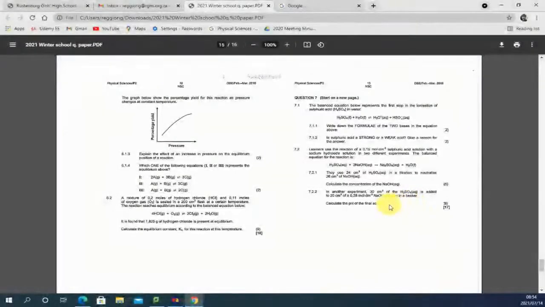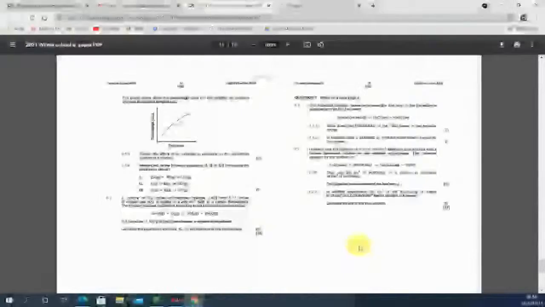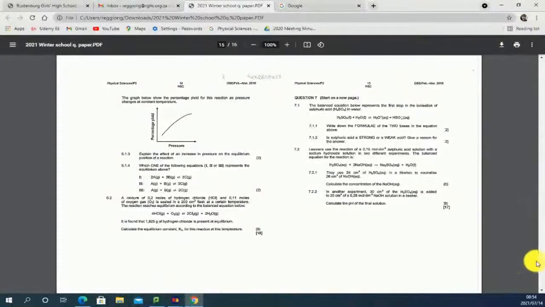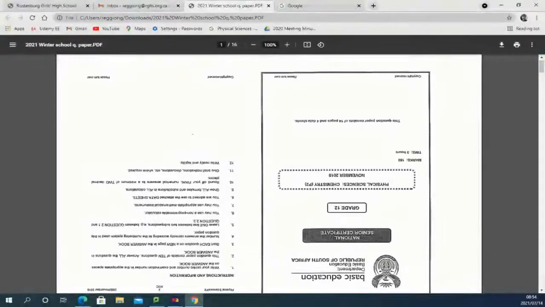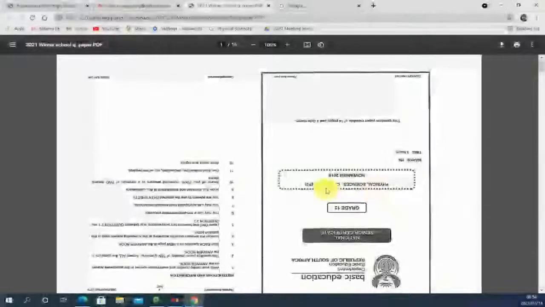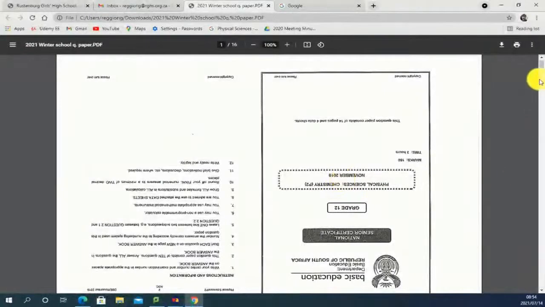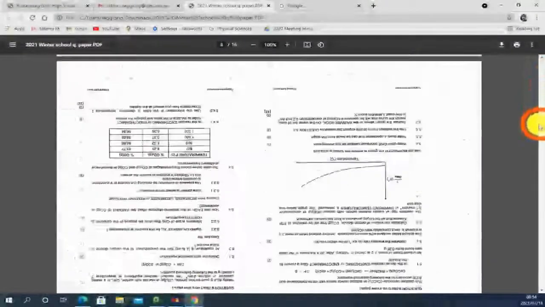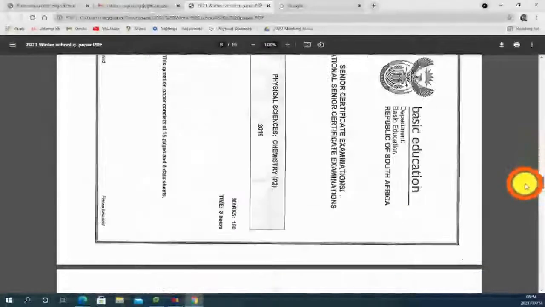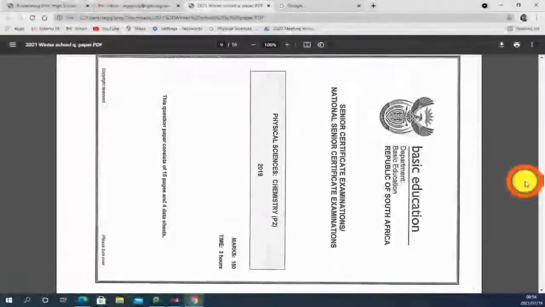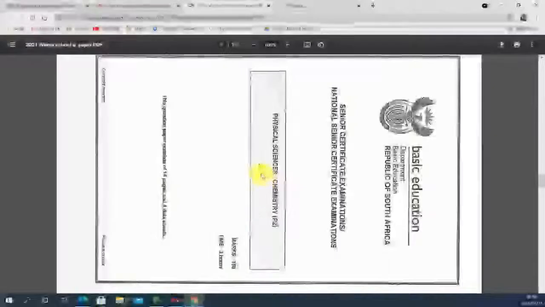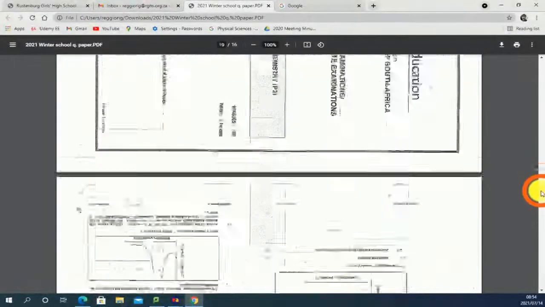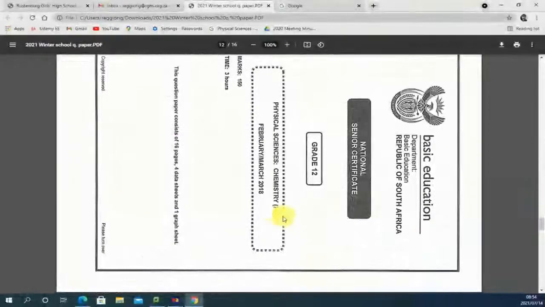I've separated the questions, and the questions are in that order. Just to remind you, your first question says Physical Sciences Chemistry Paper 2, 2019, and then we gave you another Physical Sciences Paper 2, 2019, which was the backup paper, and then February, March 2018, which is the third paper.